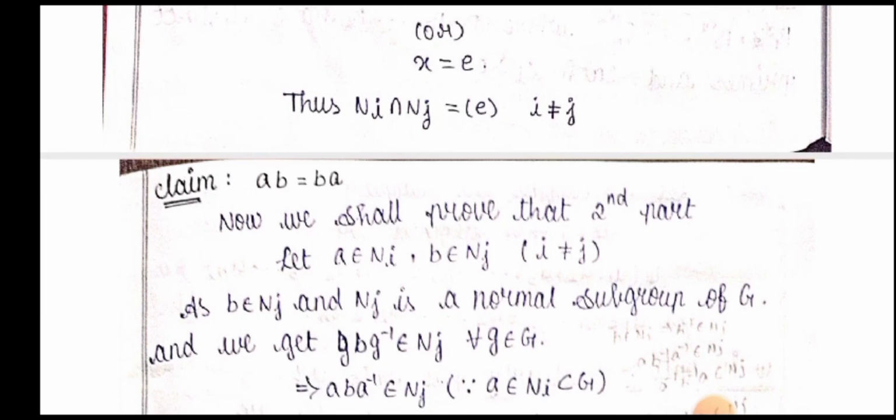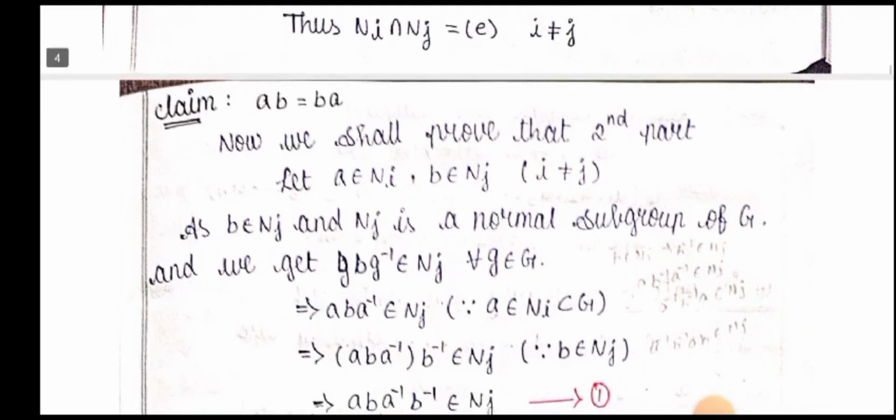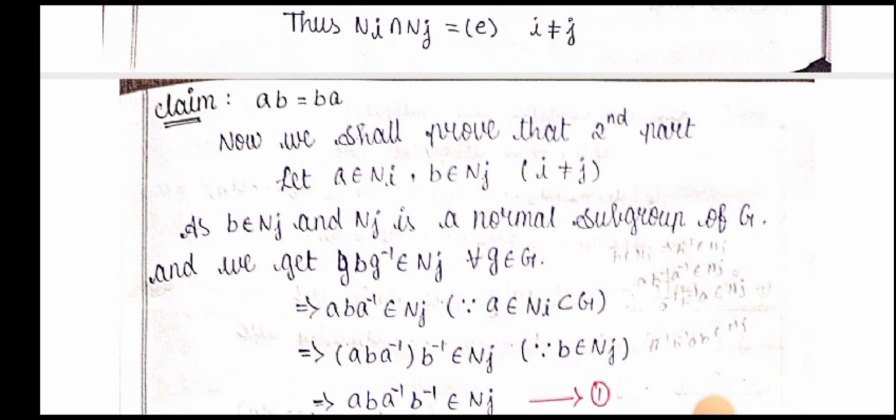And for the second part, we have to prove the commutative property, that is ab equal to ba. Now, let a belong to Ni and b belong to Nj, where i not equal to j. As b belongs to Nj and Nj is a normal subgroup of G, then g b g inverse belongs to Nj for every g belongs to G, which can also be written as a b a inverse belongs to Nj.